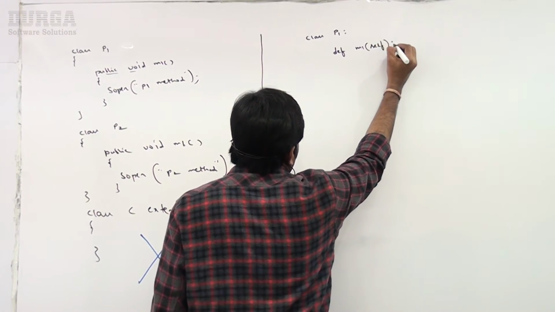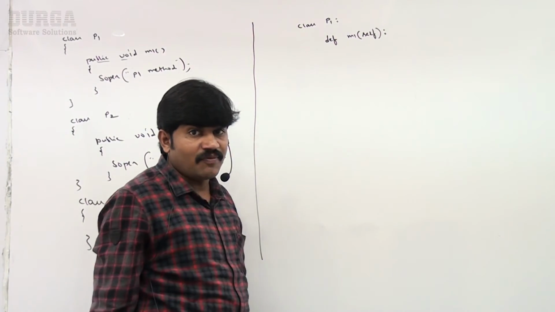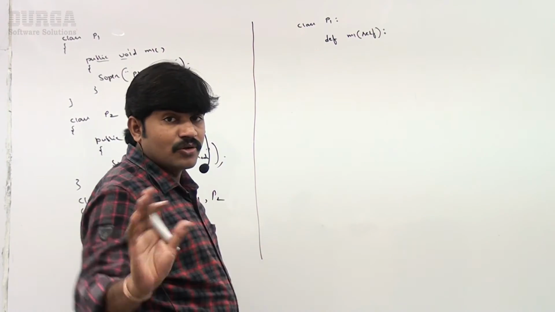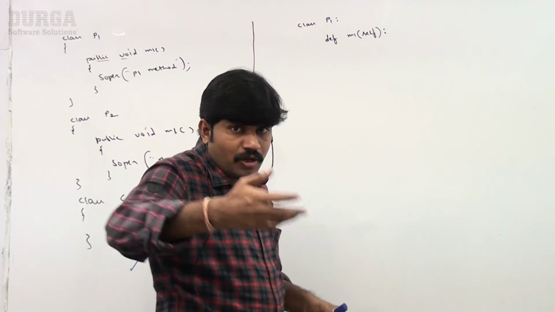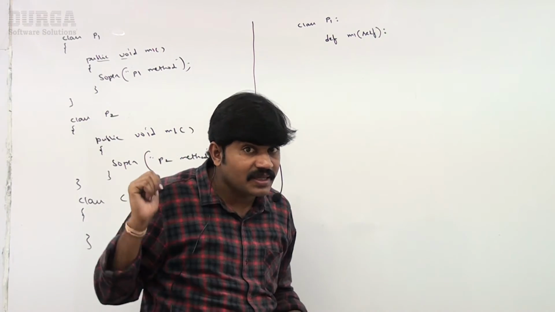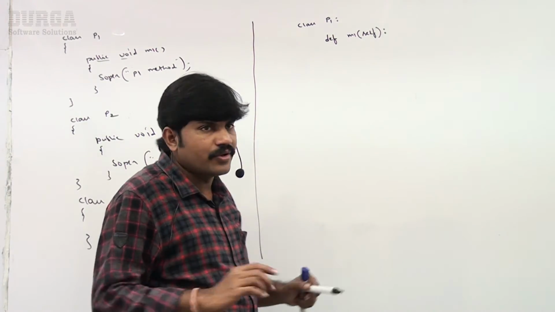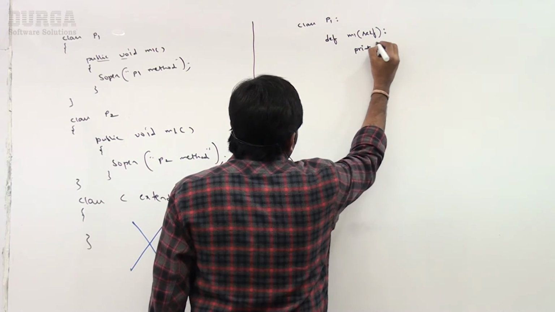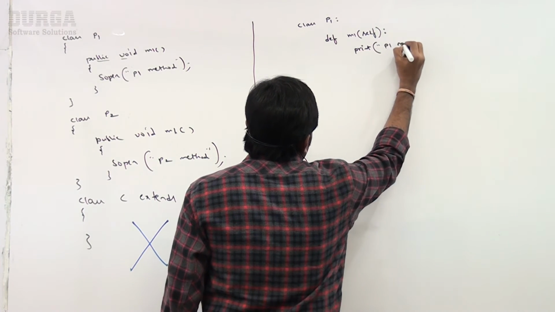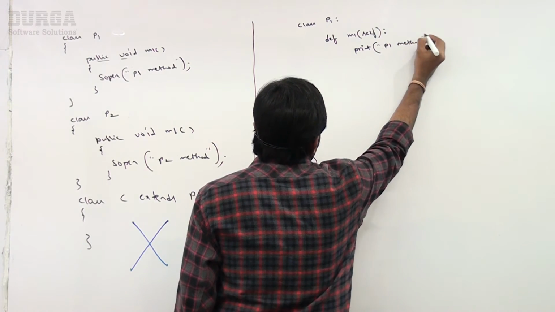Don't worry about self. Self is the current object reference variable, just like this in Java. Now just print P1 method.